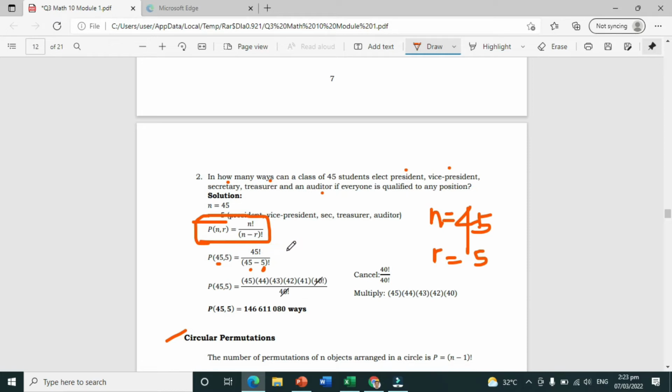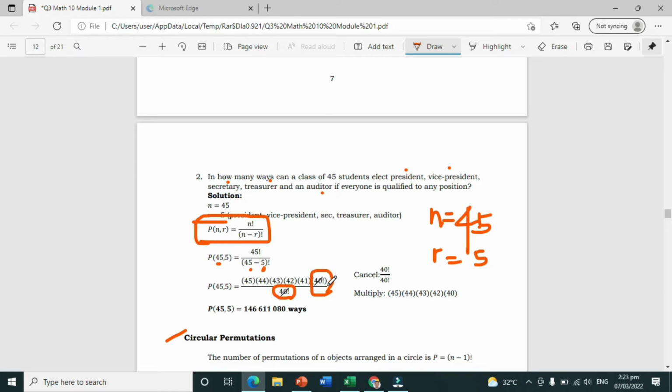So, masyadong mahaba kung isusulat natin lahat yung 45 factorial, kasi 45 factorial is equivalent to 45 times 44 times 43 times 42 times 41 times 40 hanggang umabot tayo ng 1. So, it would be good kung stop natin kung saan sila pwedeng i-cancel. So, since 45 minus 5 is 40 factorial, stop lang natin hanggang 40 factorial para ma-cancel natin itong dalawa.